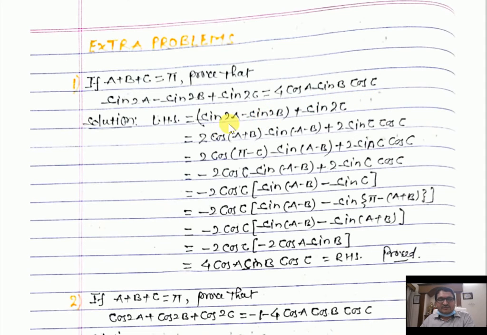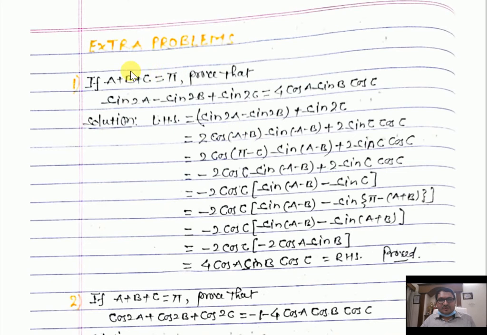So take the left hand side, sin 2a minus sin 2b plus sin 2c. Apply the formula sin c minus sin d equals 2 cos (c plus d) by 2 and sin (c minus d) by 2. Now a plus b plus c is equal to pi, so a plus b you can replace: a plus b equals pi minus c.